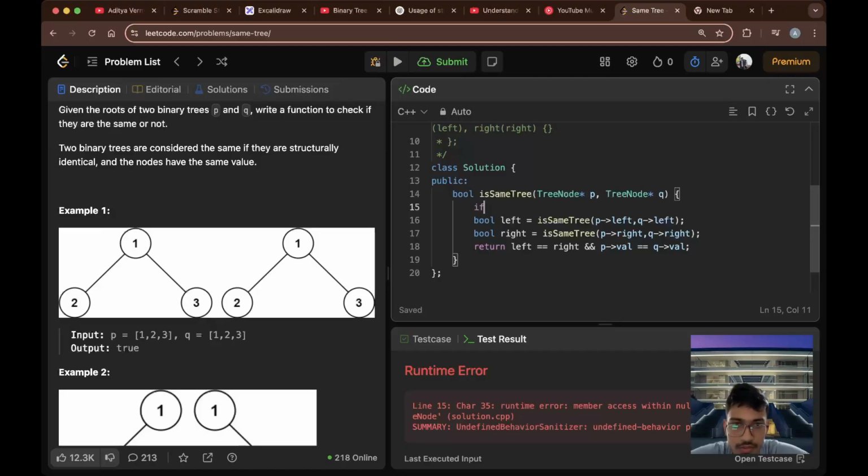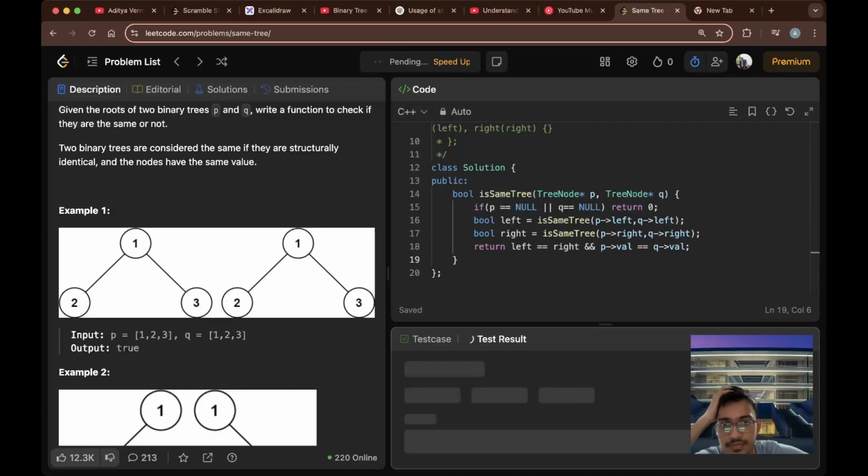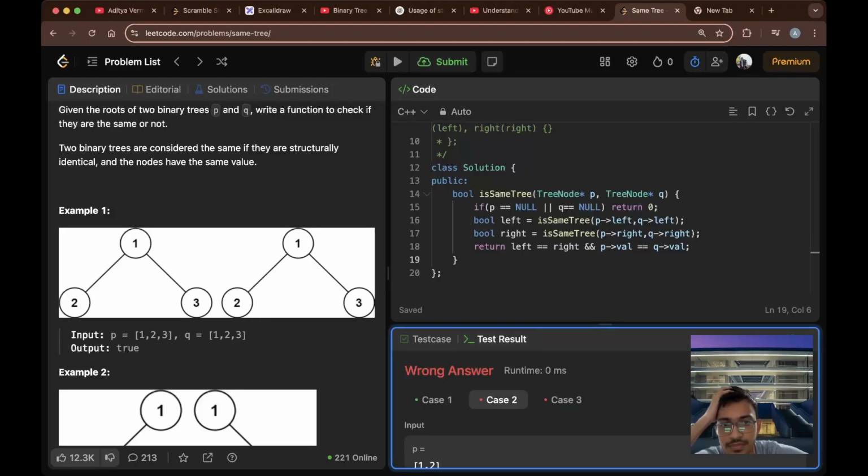If P is null or, let's say, Q is null, return false if any of them is null. Not valid. Okay.